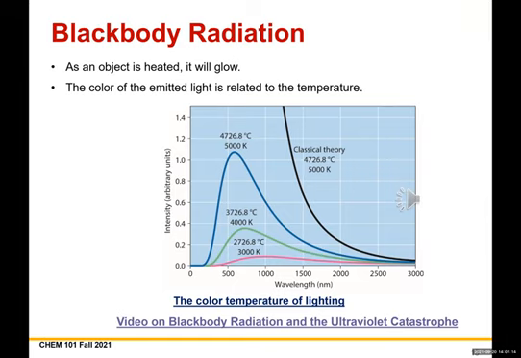According to classical theory, as you heat it up and increase the temperature, the radiation intensity increases exponentially.